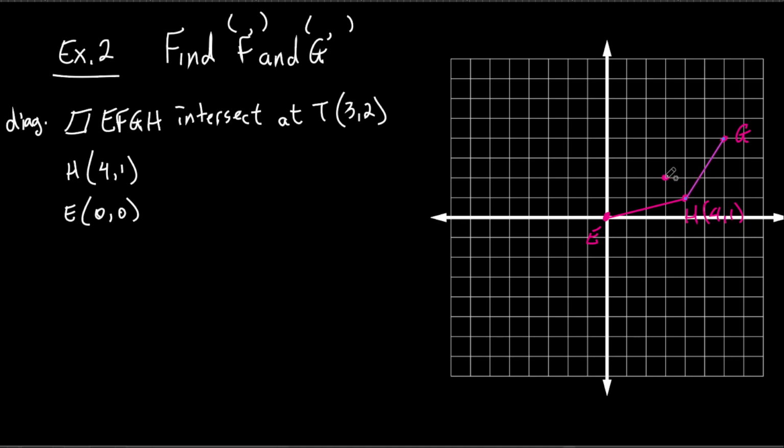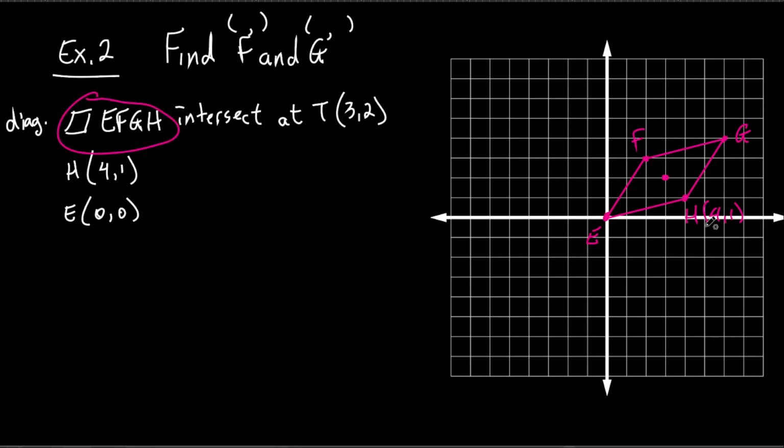So what am I going to do from here? Up 1 to the left 1 right there. And then I connect from here to here. And then I can connect this one to this one. Everybody see that? Is that a kite? No. It's a parallelogram. They tell you it's a parallelogram. See? They told you that it's a parallelogram.